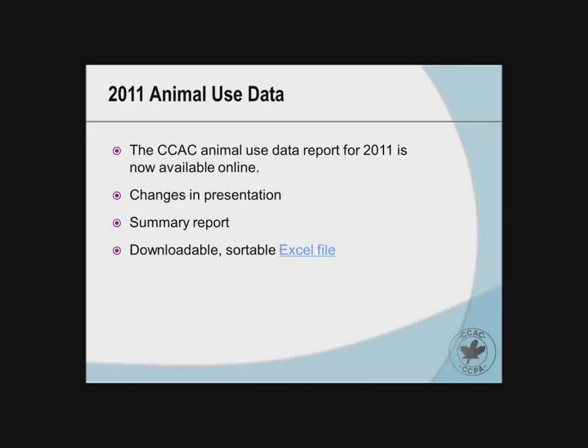Okay, so we published the 2011 data on the CCAC website in December. And so here we are with another polling question. We sent out a capsule when we published the data, but what I'd like to know is how many people have seen the summary report of the 2011 data. And that's, again, posted online.